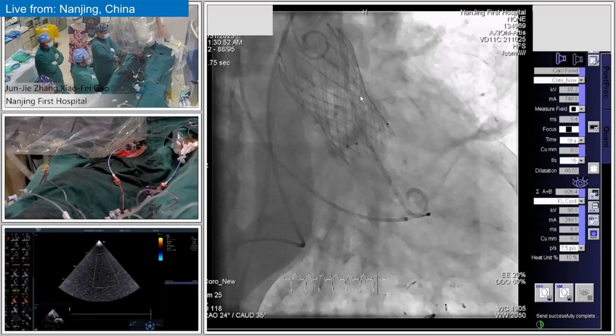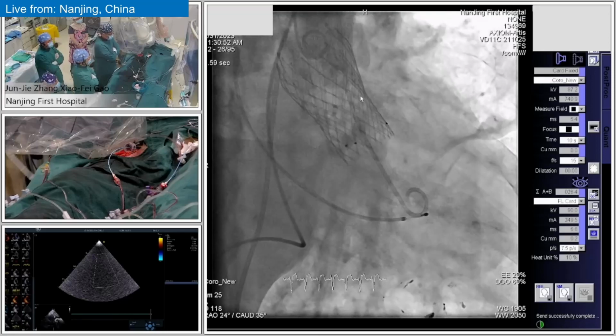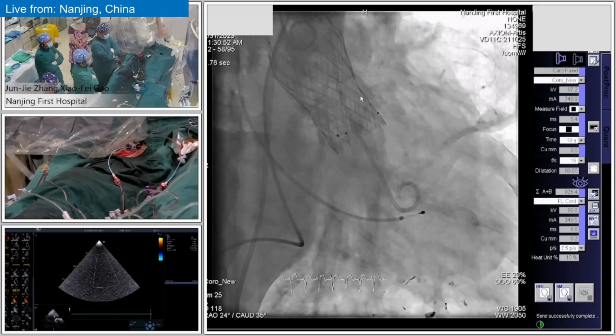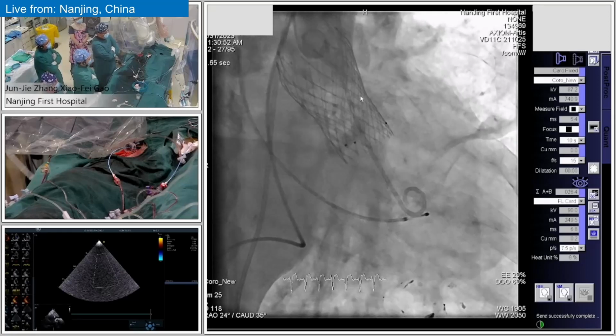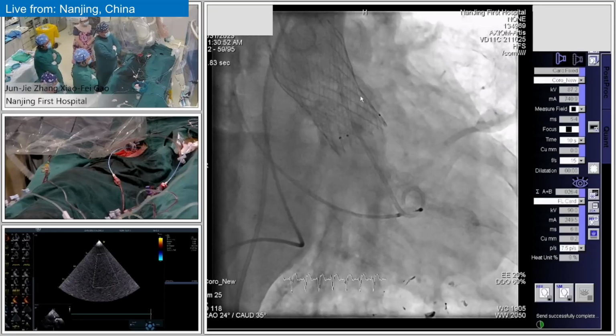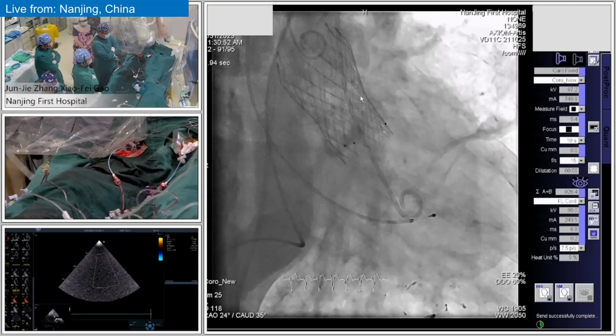We carefully deploy the valve and use cine to evaluate the valve depth. The final result shows a good valve position, maybe only 2 millimeters.